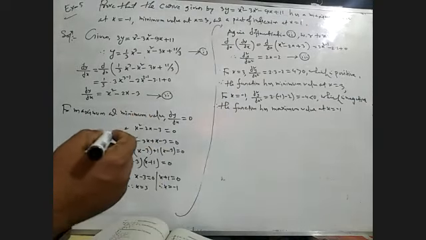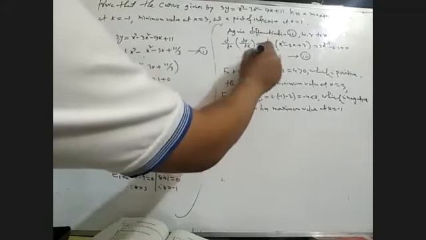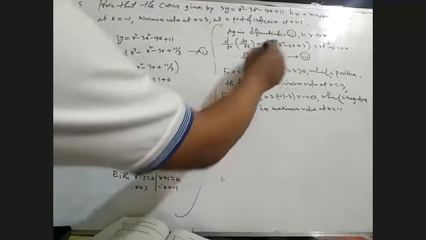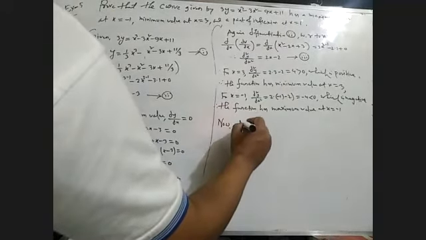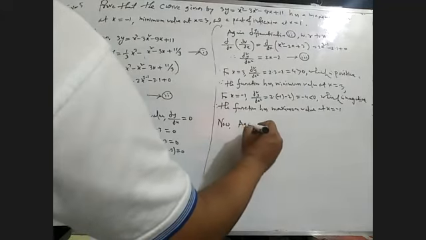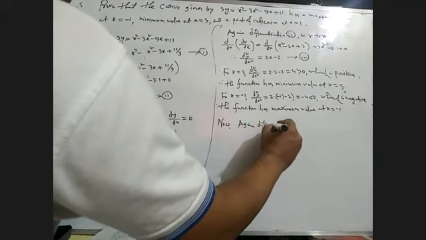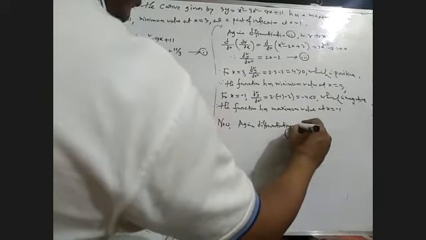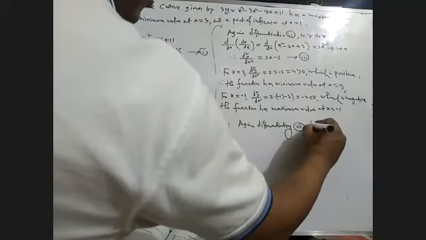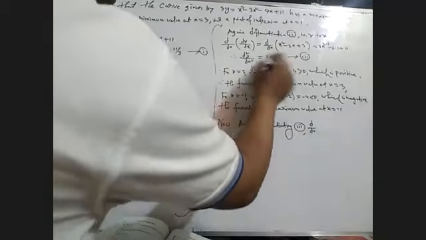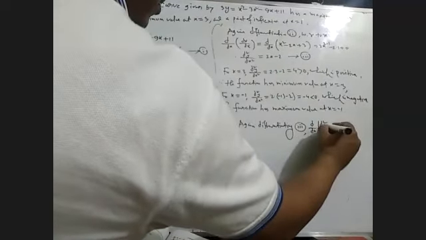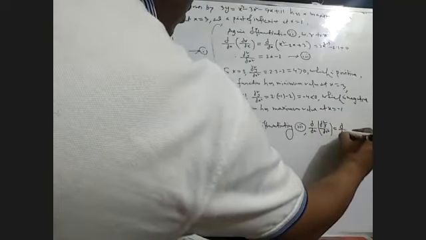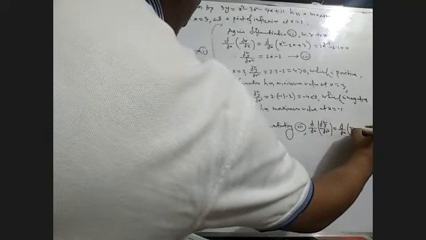Now for finding the critical point, we have to take the derivative again, differentiating equation number 3. Taking d/dx on both sides of 3, we get the third order derivative of 2x minus 2.